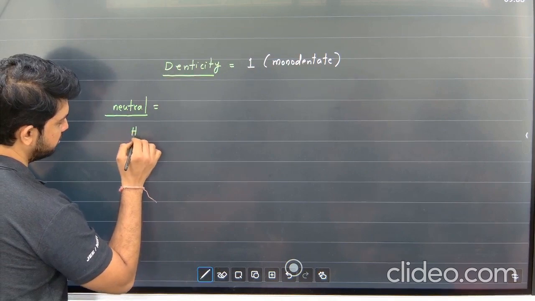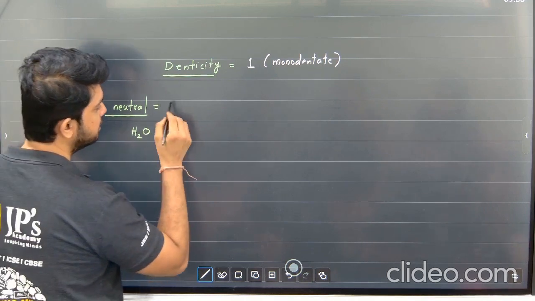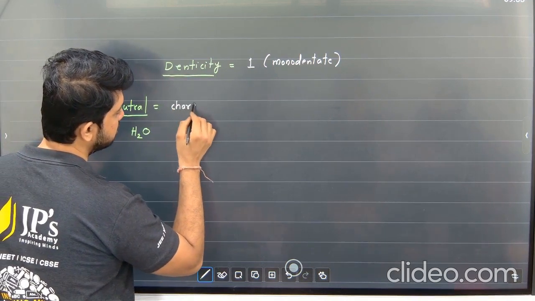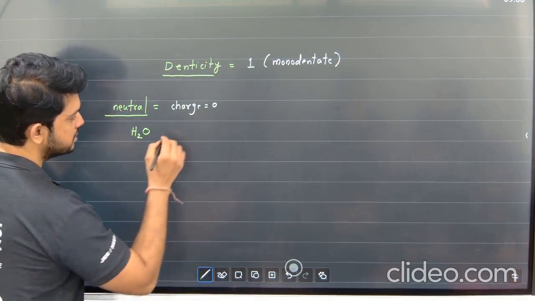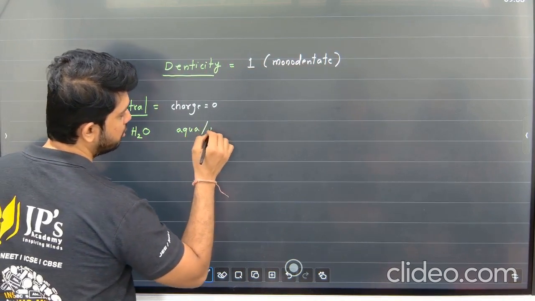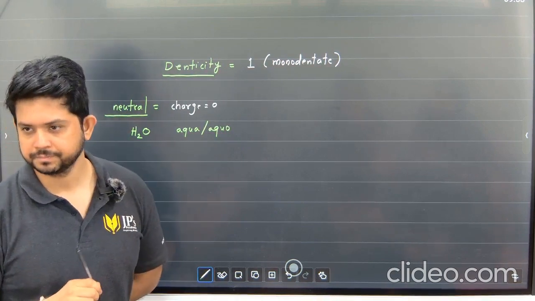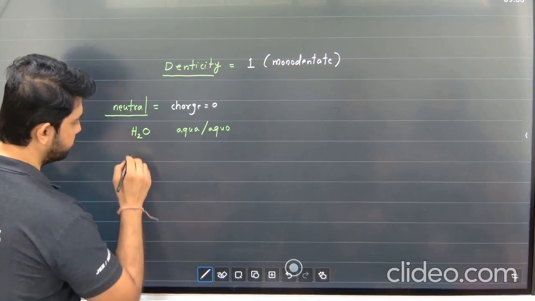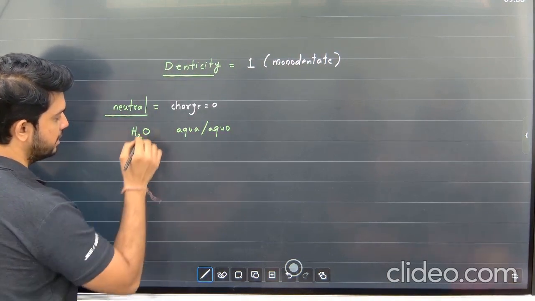For example, neutral means the charge for all of them will be 0. H2O is called aqua, or you can call it aquo. Then we have NH3.